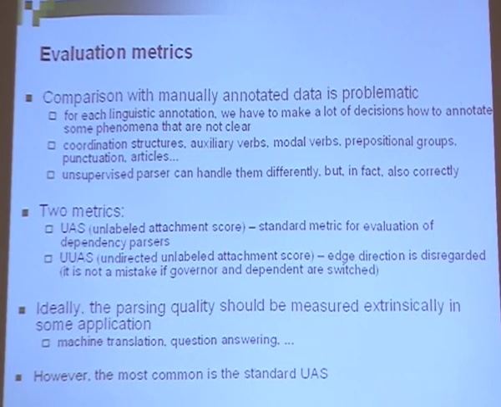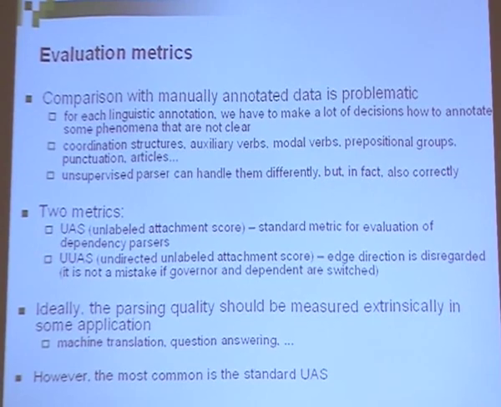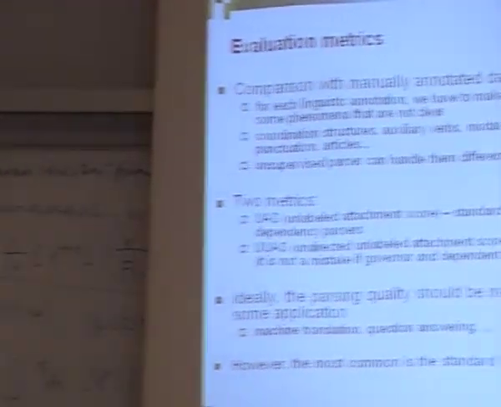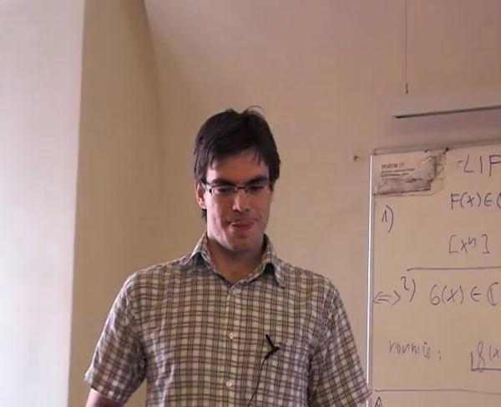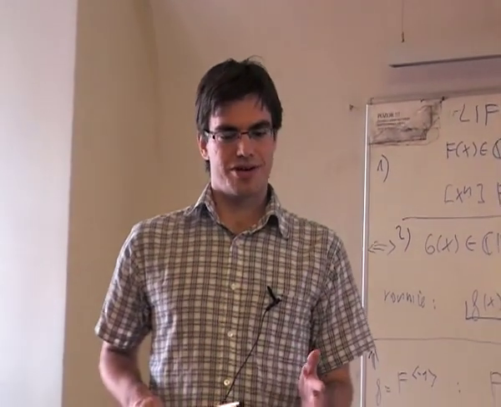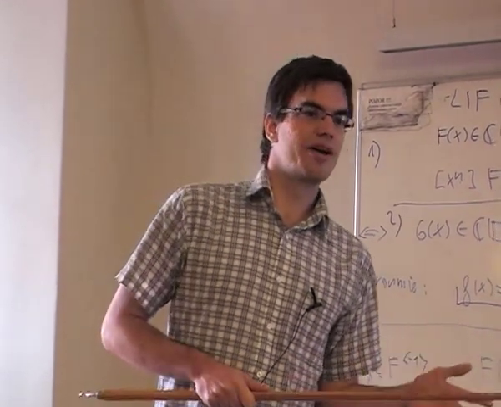And this is not fair for unsupervised parsing, because an unsupervised parser can handle these phenomena differently. It can decide, for example, that auxiliary verbs will be below the main verb, and in the treebank it is the opposite way. So the scores for the unsupervised parsers are automatically lower.